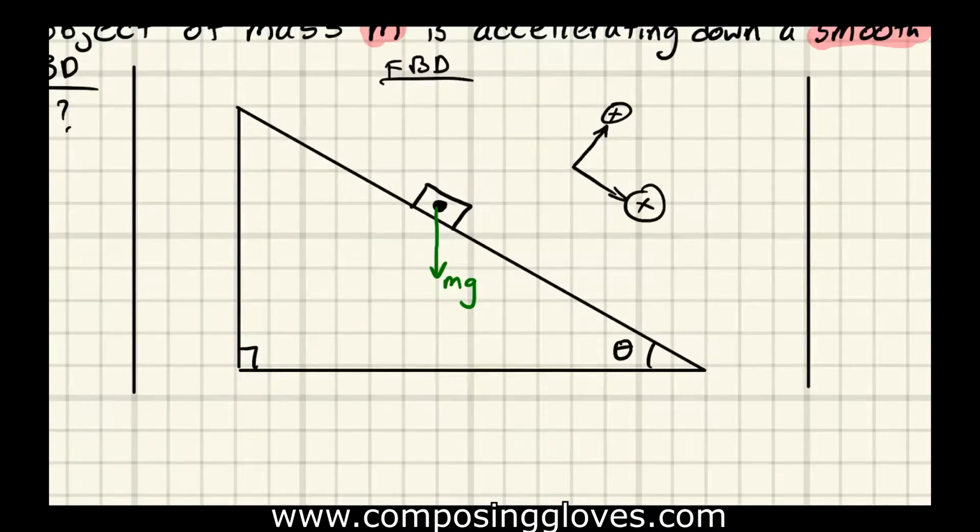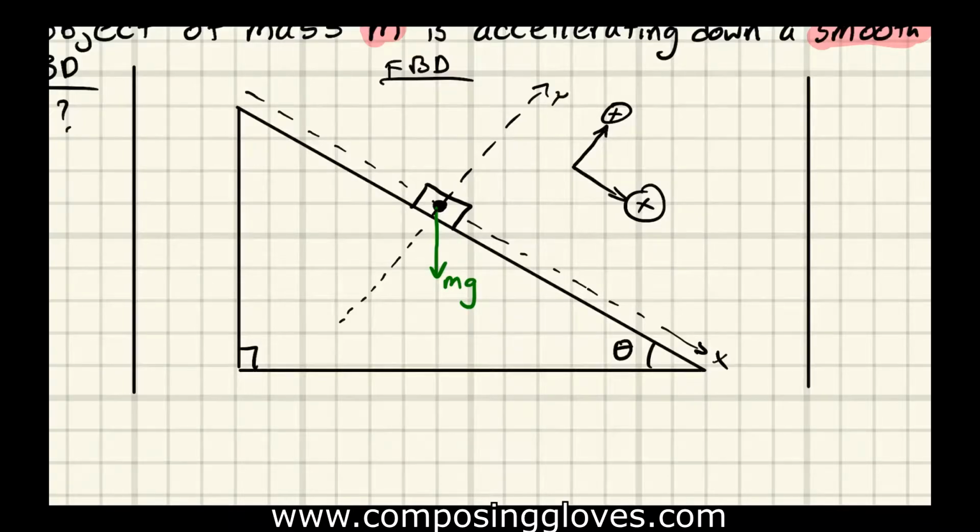And so this brings us to our axes. We should draw some helper axes. Your x-axis should be parallel to the ramp. So this is our x-axis, and then by definition, our y-axis is perpendicular to our x-axis. So we're going to draw those in there.